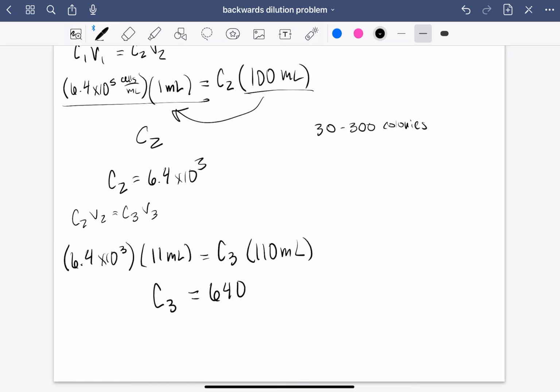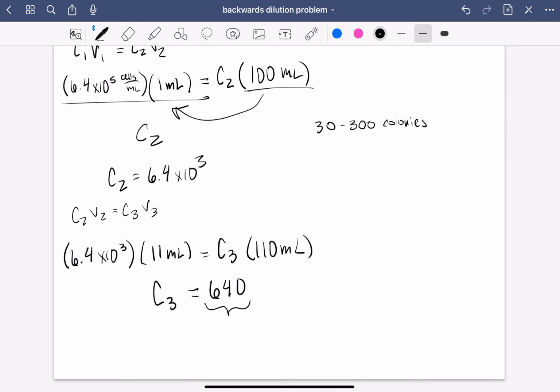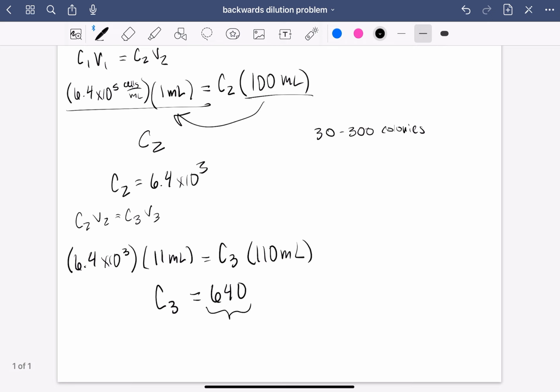Okay, so now this is where this can get kind of tough, because we have to remember where this number 640 is actually coming from. So we have to think about the forwards version of this, where we start from the plates and go to the culture.